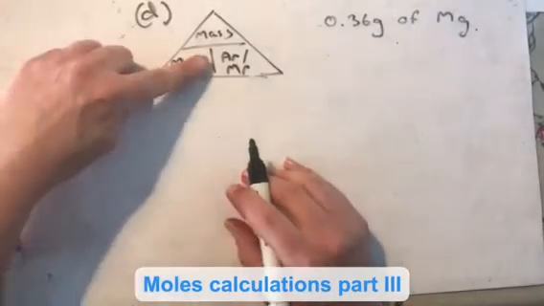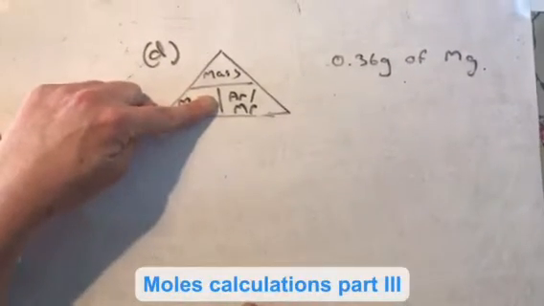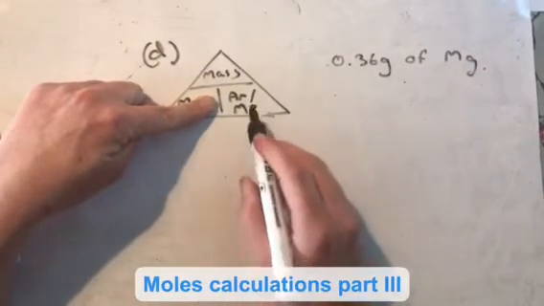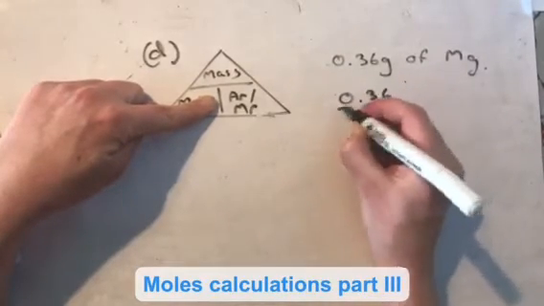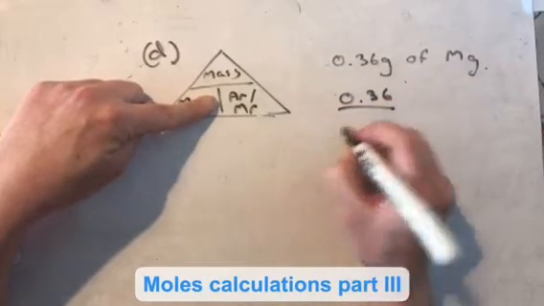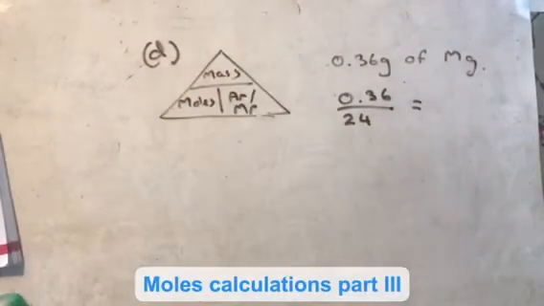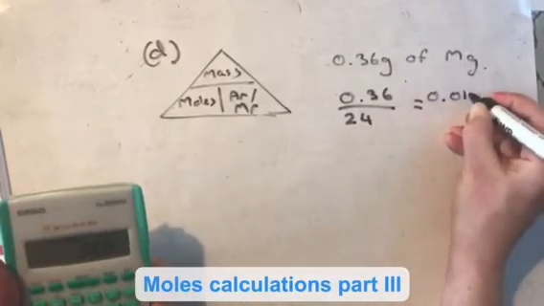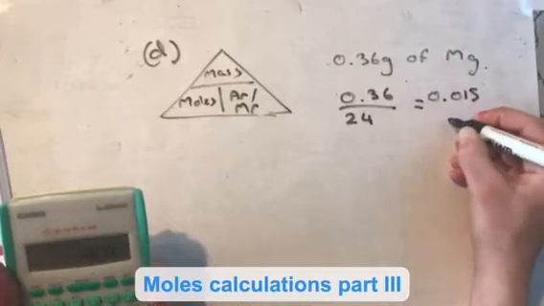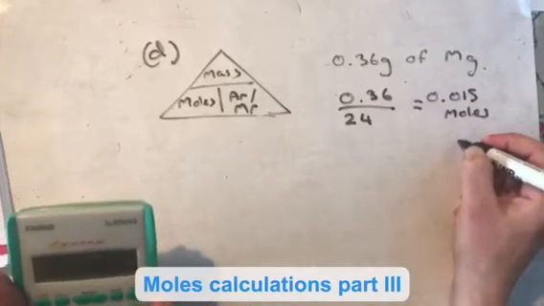So let's work out our number of moles first. Cover over moles on your triangle. It's going to be our mass divided by our atomic weight of magnesium. So 0.36 grams divided by magnesium, which has a mass of 24. That will give us our number of moles. So 0.36 divided by 24 is 0.015 moles. That's how many moles you have, but we're being asked how many atoms.